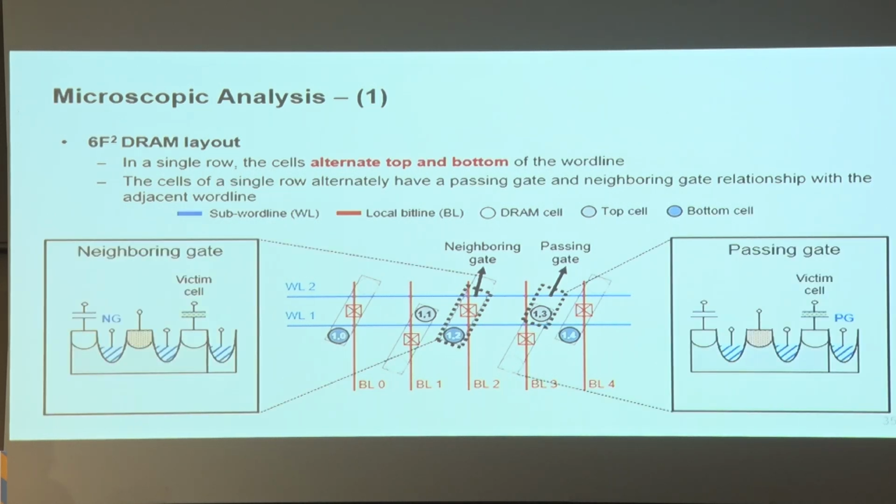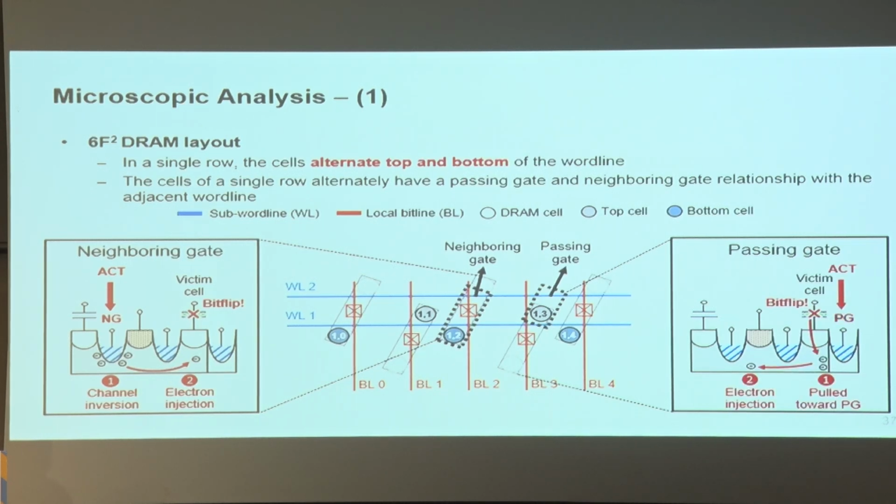Each gate's cross-section looks like this. When activating a neighboring gate, electrons gathered by channel inversion are injected into the victim cell, causing a bit flip. On the other hand, in the passing gate, the strong voltage attracts electrons from a victim cell, and then electrons spread out, resulting in a bit flip.